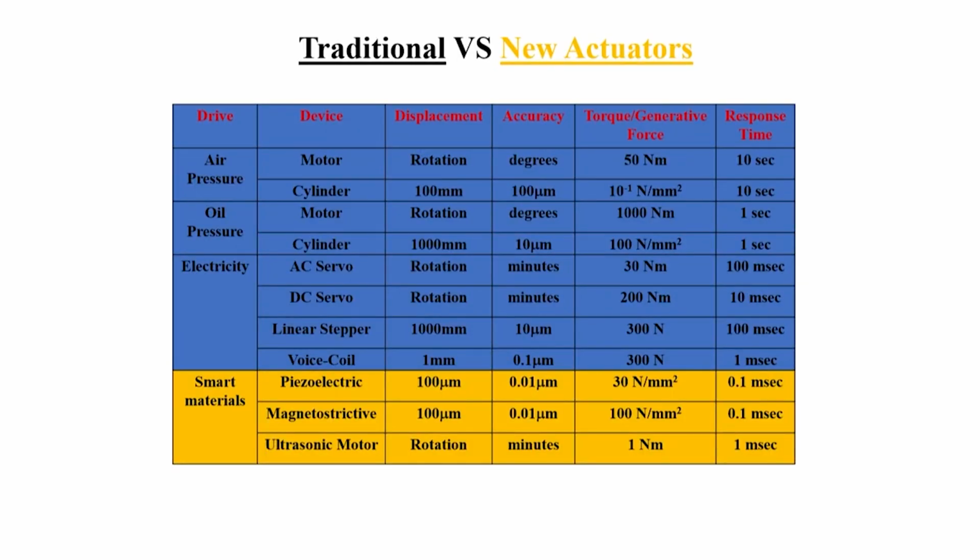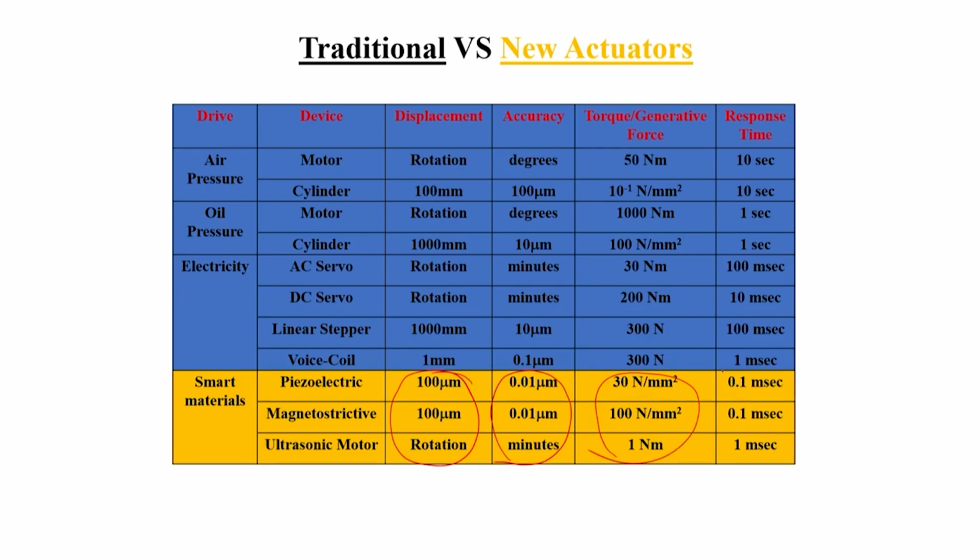Now, if you compare them in terms of actuators or sensors, with respect to the smart materials versus the traditional ones, you would see that their displacement range is much smaller, but their accuracy is also much higher in comparison to the traditional systems, and the torque accordingly is also smaller, but you can distribute it.